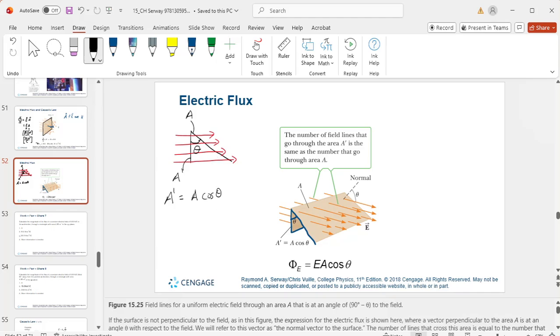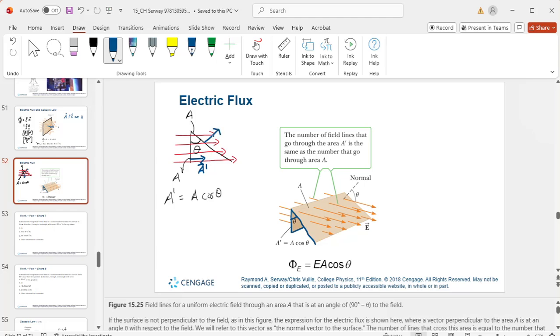Also notice that if my A prime and A planes are at some angle theta with respect to each other, then that also means that if plane A prime has a vector direction this way, then my vector A would have a vector direction this way.